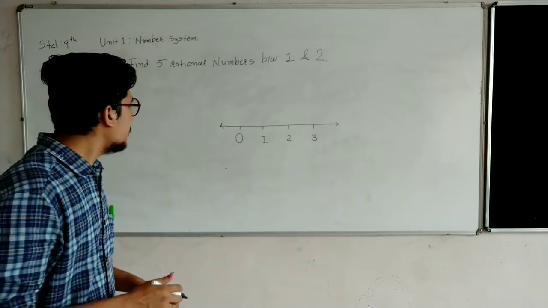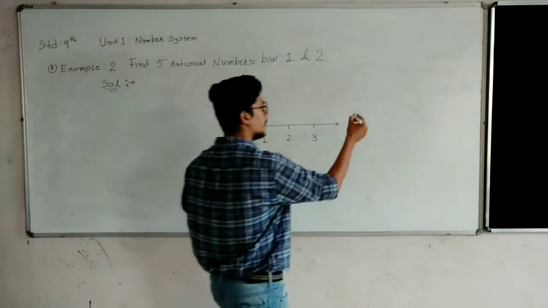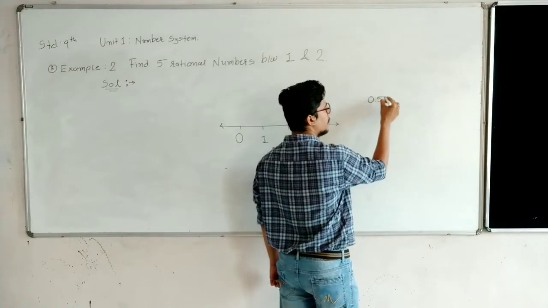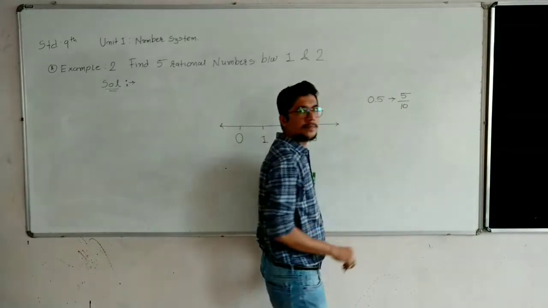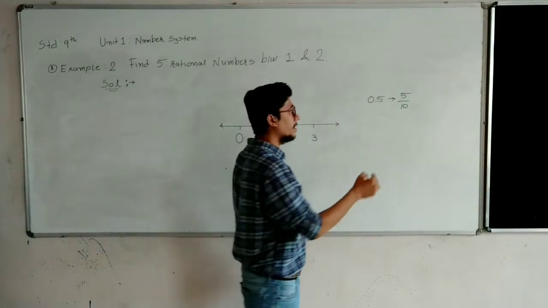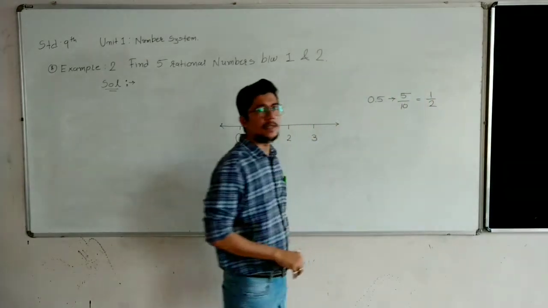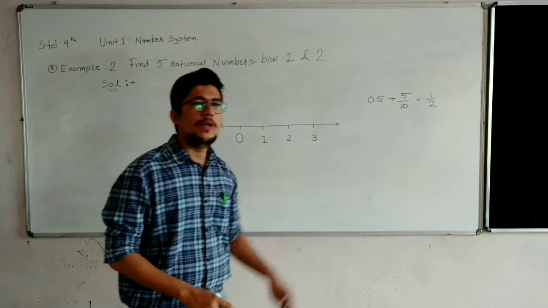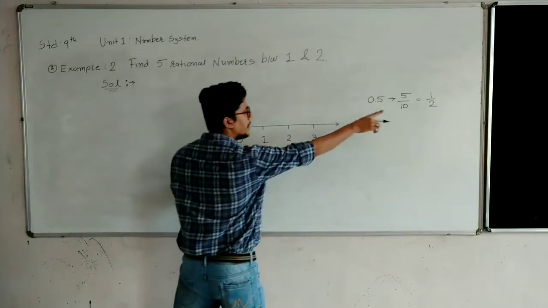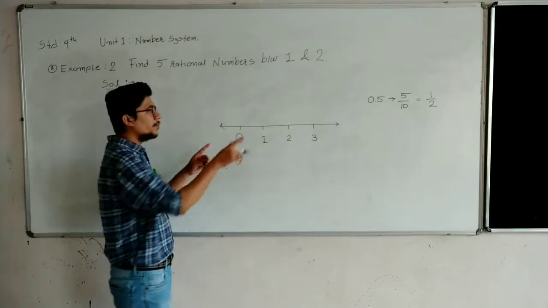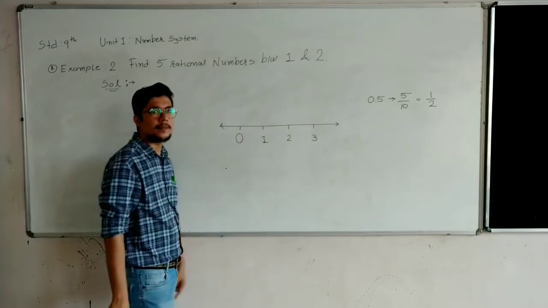So let us say a value 0.5. 0.5 is also known as 5 upon 10, as you know from your 8th standard. 5 upon 10 can also be written as 1 upon 2. Yes or no? So 1 upon 2 is a type of rational number, and 1 upon 2 is 0.5. You easily know 0.5 is somewhere between 0 and 1.